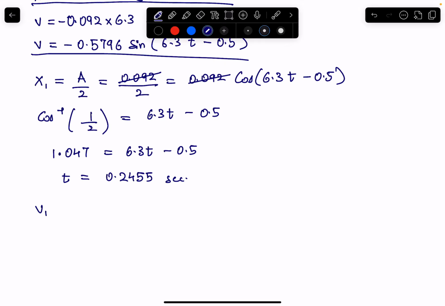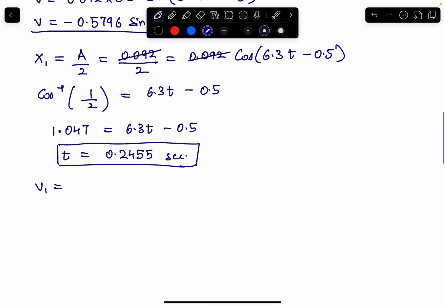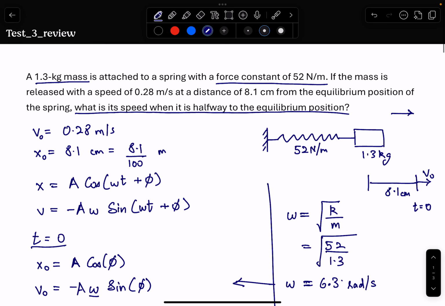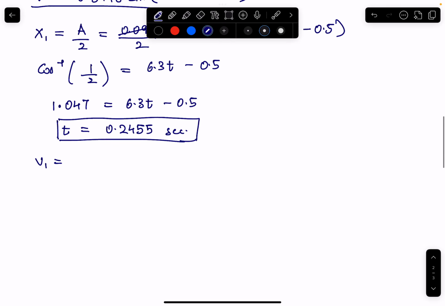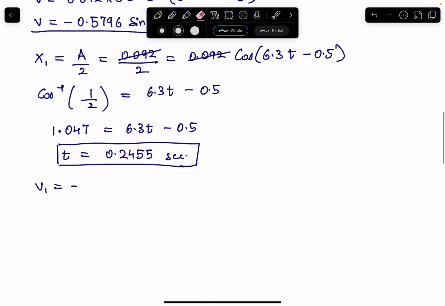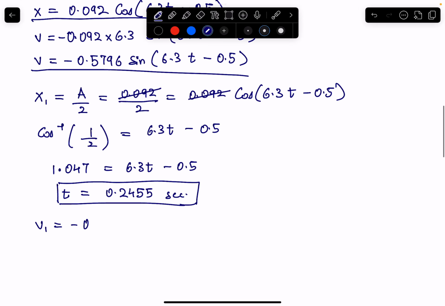And the value of v1, now that we know t, the question is what is its speed. So v1 is equal to negative 0.5796 sine of 6.3 times 0.2455 minus 0.5.